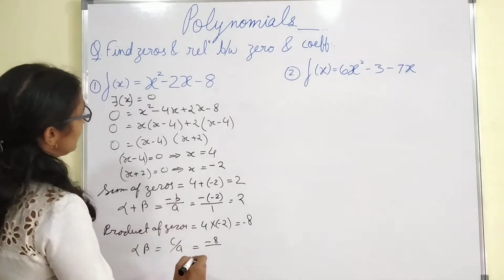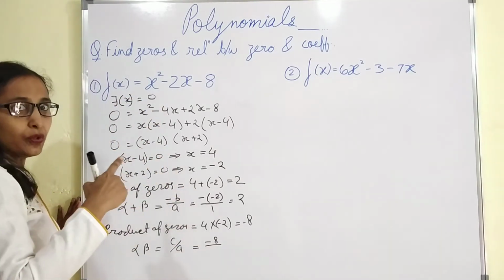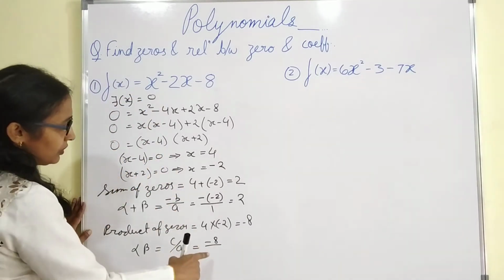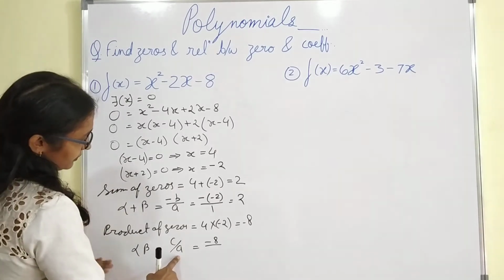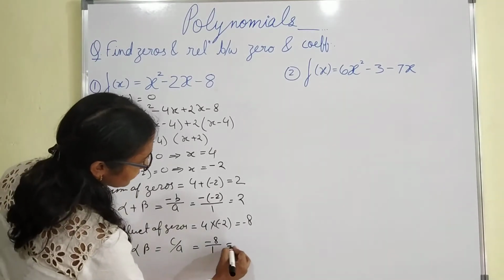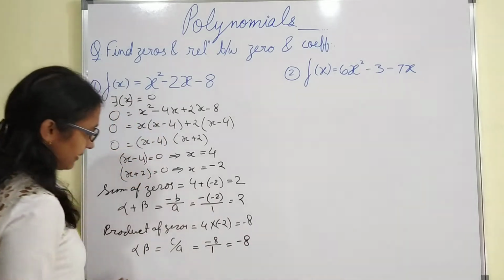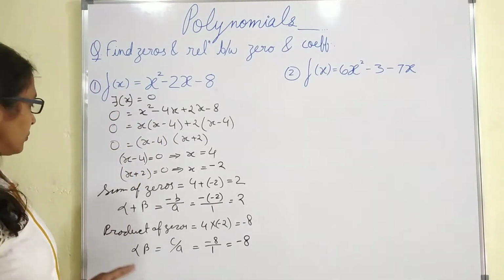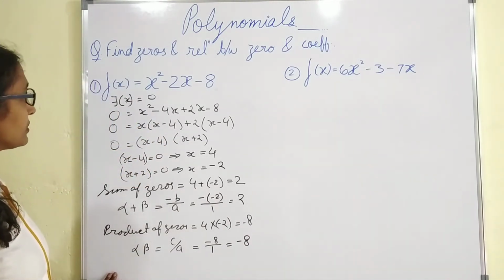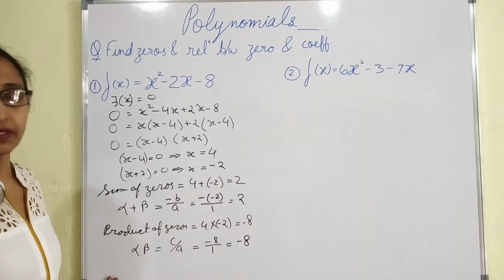Sorry, I said x, that is x square. So the value of a is 1, so minus 8. Okay. So, this is the relation between zeros and their coefficients.